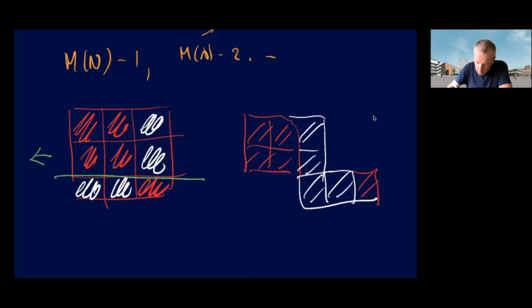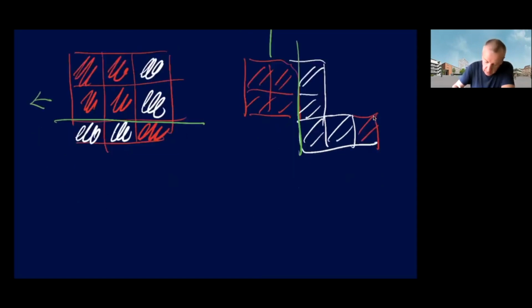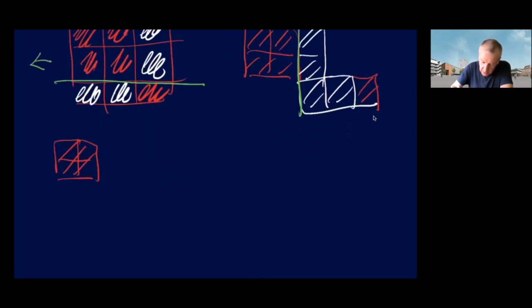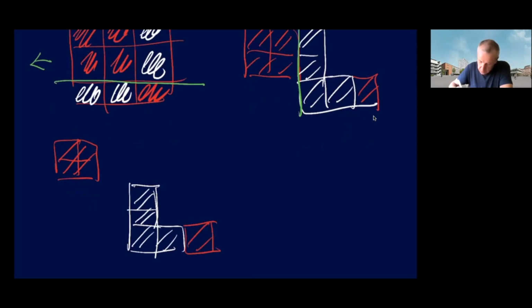And then I put the interface here and I push this north, and I will already be in a configuration where I have four reds here to the north, right? And the rest will be here down. This will be this L shape of whites, and then one red. And then I will make another interface.